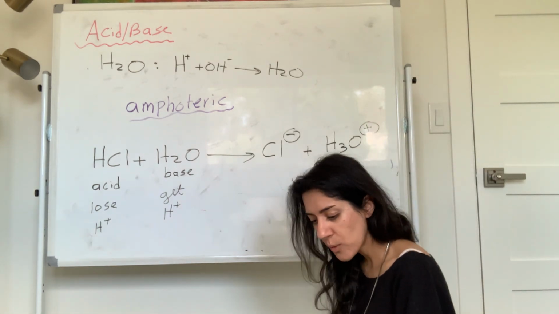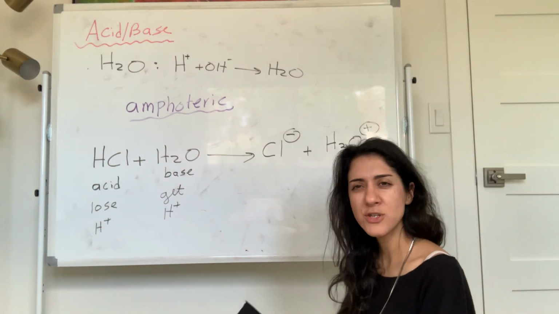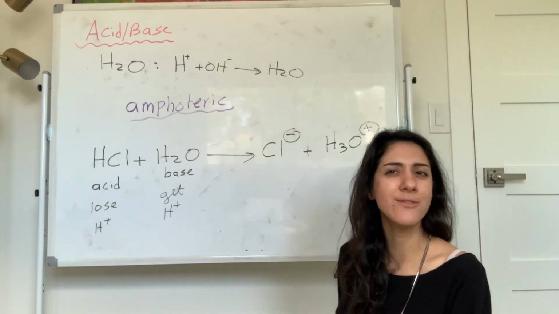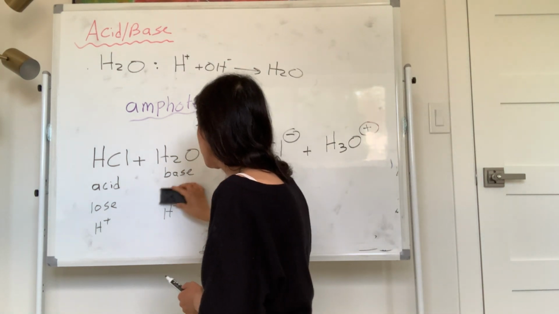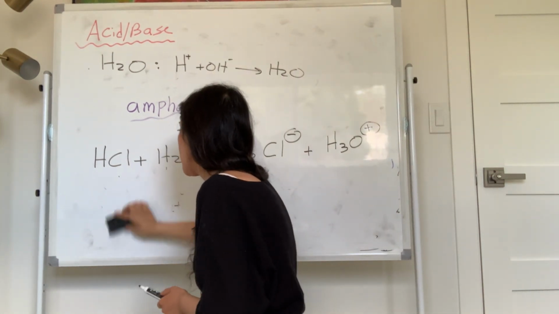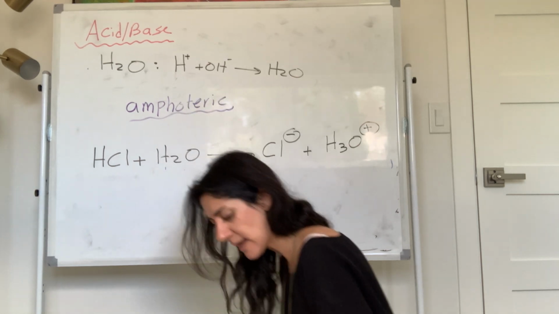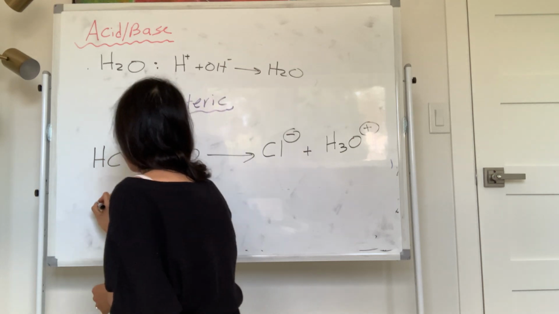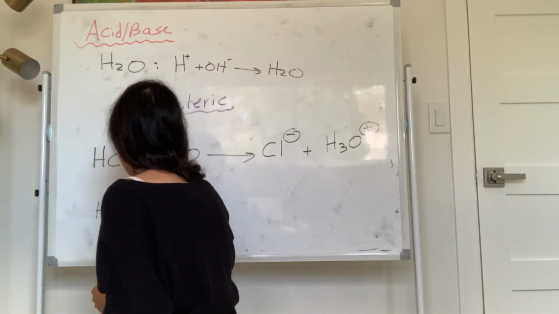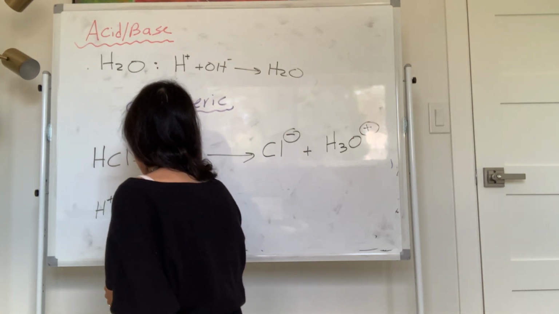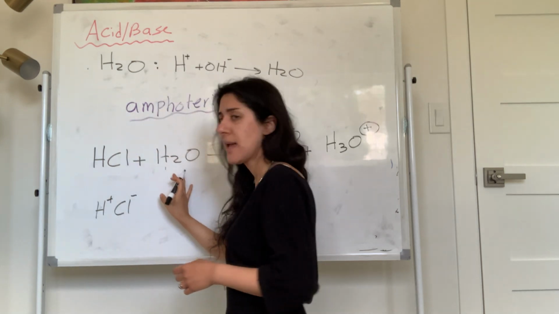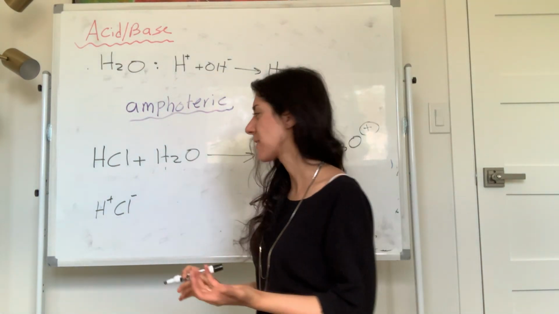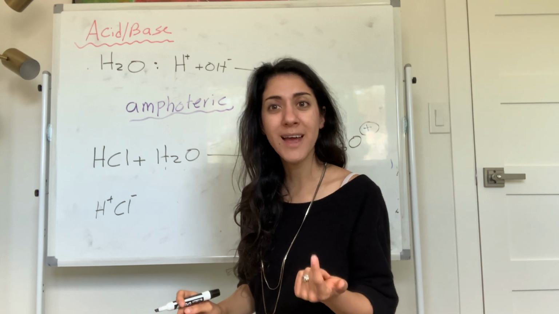Now, what I actually want to do is show you the mechanism for this. You don't really have to know this for this class, but sometimes when you know how things happen, it helps you to understand them more. So I have hydrochloric acid, like an ionic compound. I have an H plus and Cl minus, and H2O is a covalent compound. For covalent compounds, we had Lewis structures.